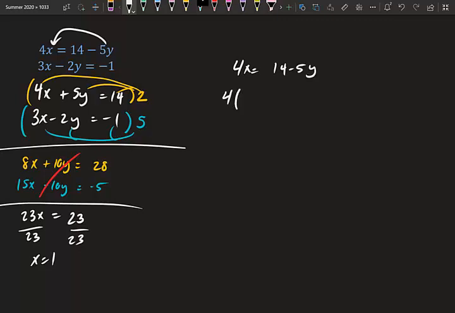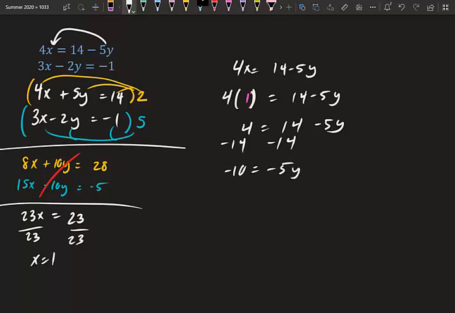So we have 4 times 1 equals 14 minus 5y. So 4 equals 14 minus 5y. Subtract 14. So we have negative 10 equals negative 5y. Divide by negative 5. So we get 2 equals y. So our point is 1, 2.